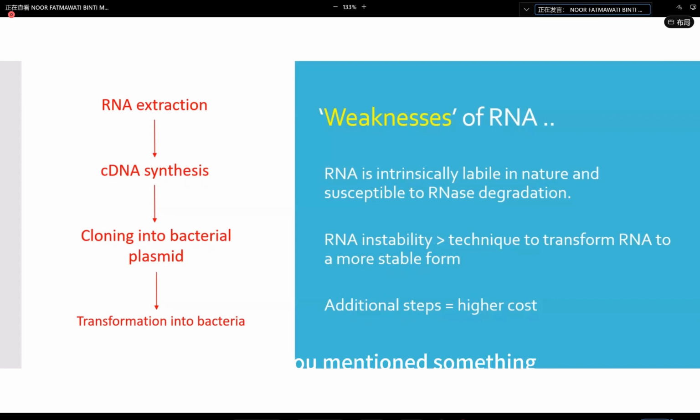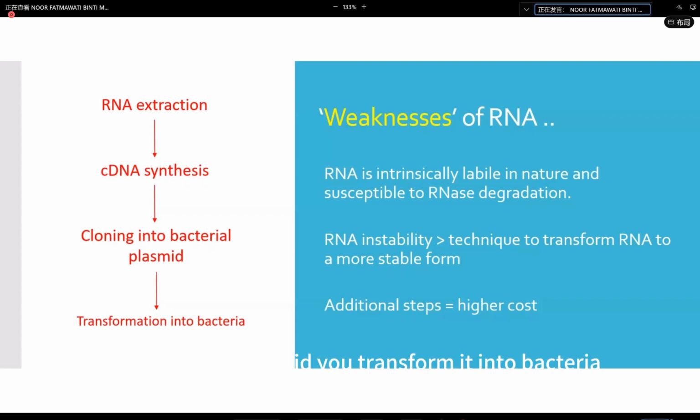Leo, you mentioned something. Is it possible to amplify RNA? It's not amplifying the RNA. You convert your RNA first to complementary DNA, and then you clone the DNA into a bacterial plasmid.